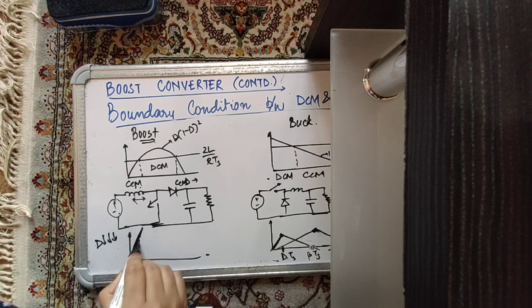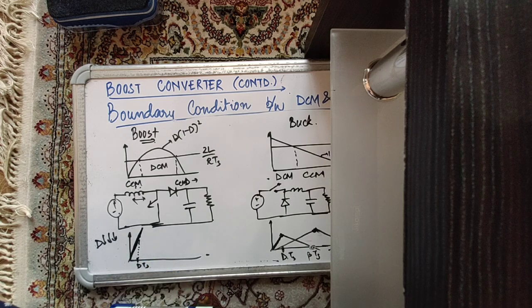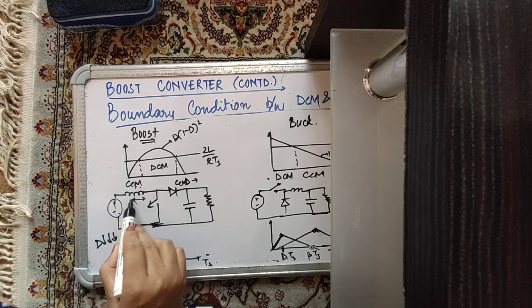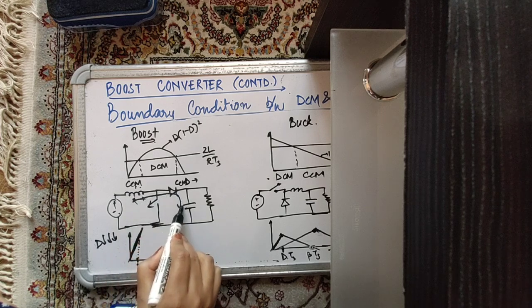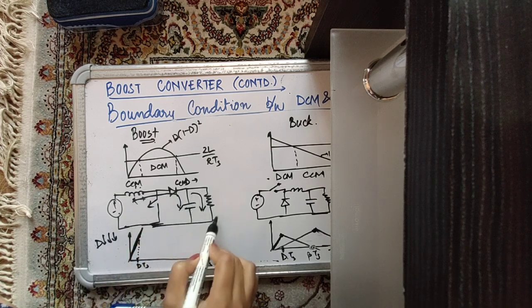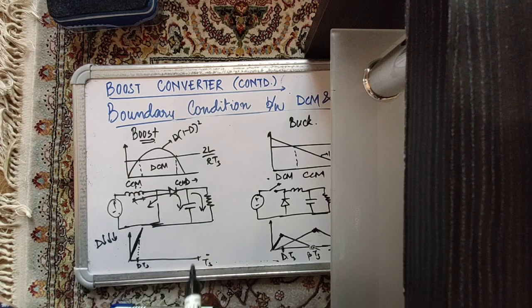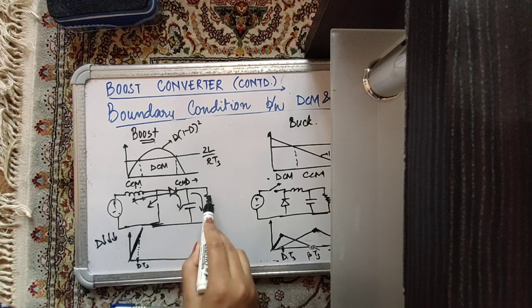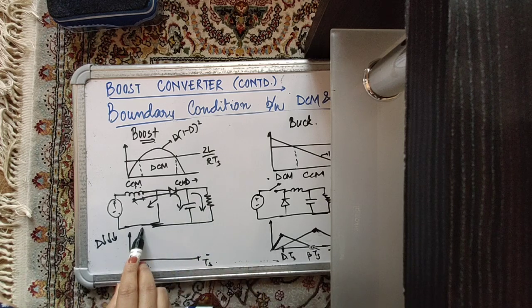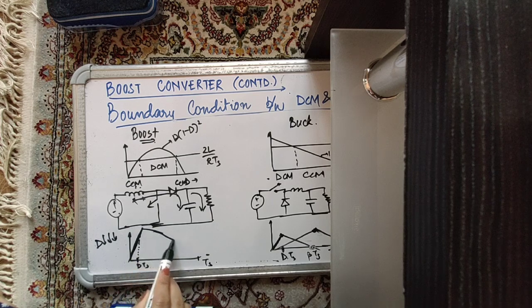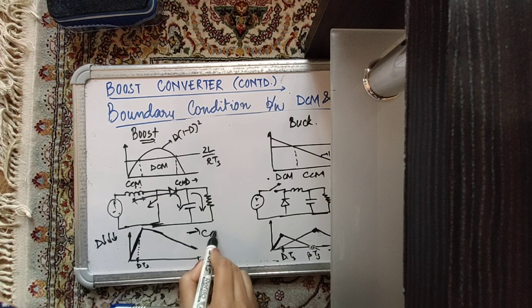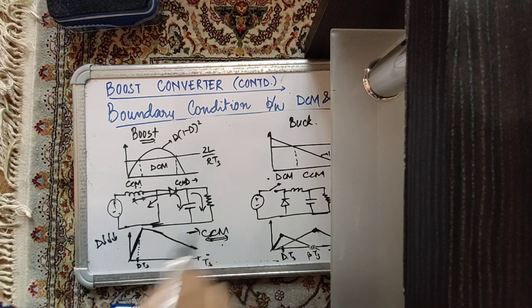It will store a large amount of energy even in very small duty ratios, right. और फिर जब आप DTS से TS तक जाओगे, रिलीज इसको एनर्जी जब करनी है, उस रिलीज के पाथ में आपकी रेजिस्टेंस आ जाएगी, उस रिलीज के पाथ में कैपेसिटर भी है. तो जब रेजिस्टेंस भी आएगी, the release of energy will be slow, as a result of which small duty ratios पे भी आपको CCM मिल सकता है, right.